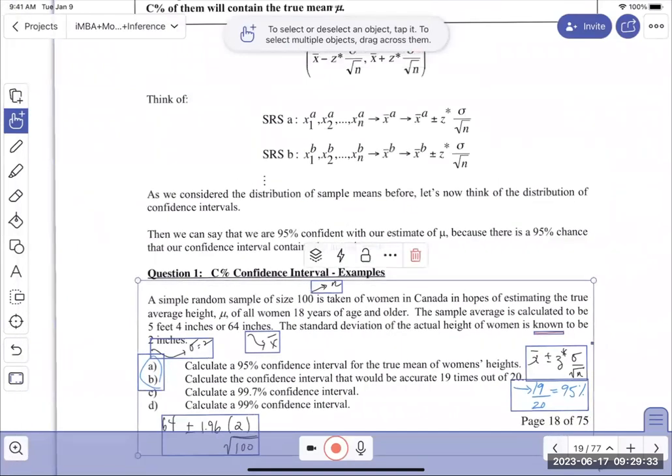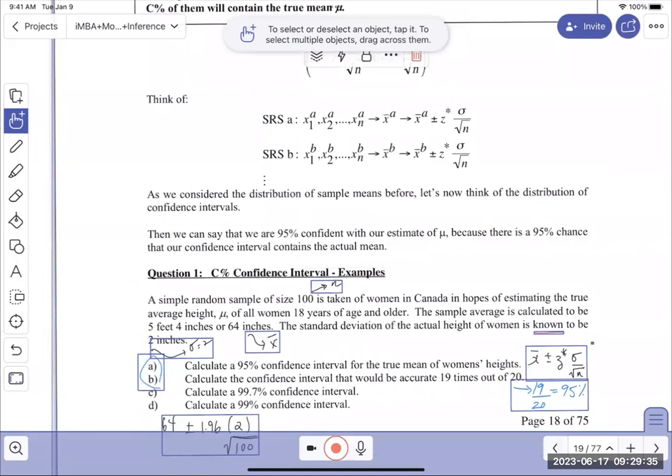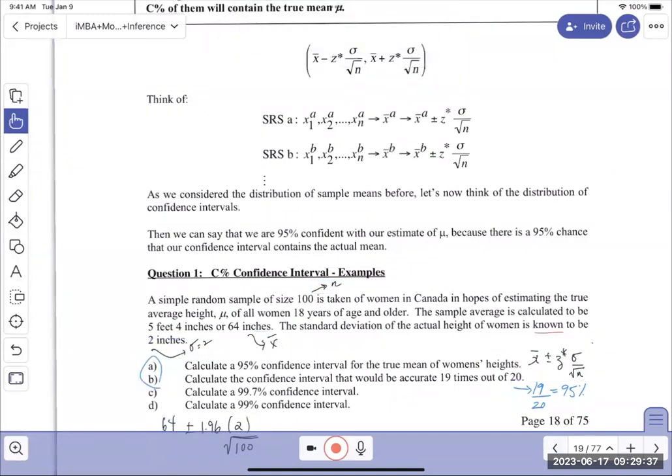So I've done this kind of illustration before. Think about drawing a simple random sample. You would have these observations, and then you could calculate a sample mean from that sample. That would be a statistic from the sample, but also the confidence interval is a statistic from the sample. I'm taking the sample mean and I'm adding this bit.